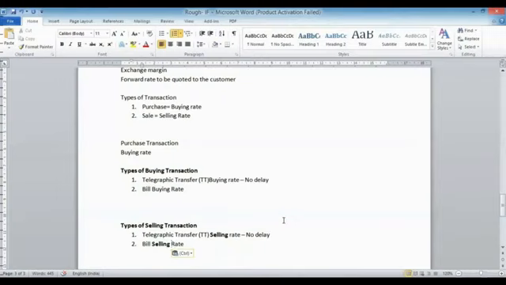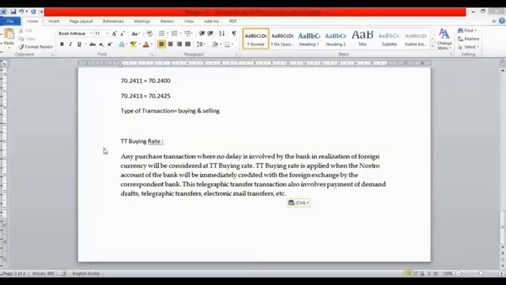Under buying, there will be TT buying and bill buying. And under sales also, there will be TT selling and bill selling. No delay by the bank is allowed for foreign currency. This is regarding the TT.